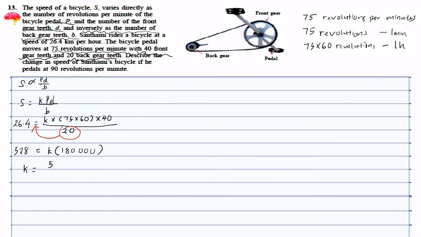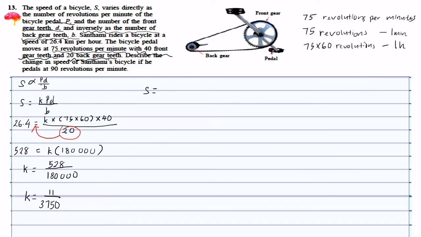Equals 528 divided by 180,000. K equals 11 over 3,750. Now we write in complete equation.